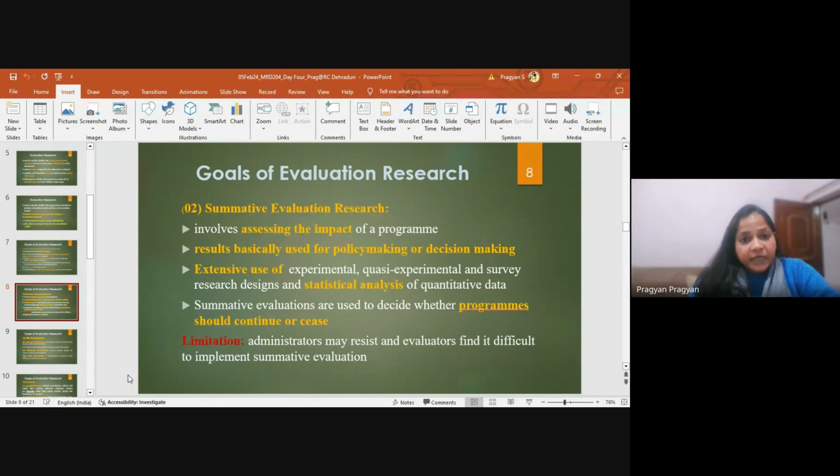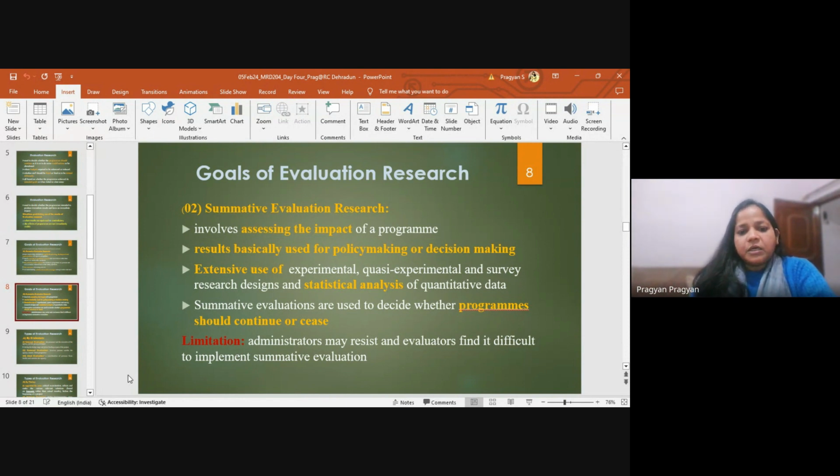That means the planning part, the implementing part, and the supply part. But most of the time administrators or those staff who are accountable for this kind of services may resist this kind of studies.